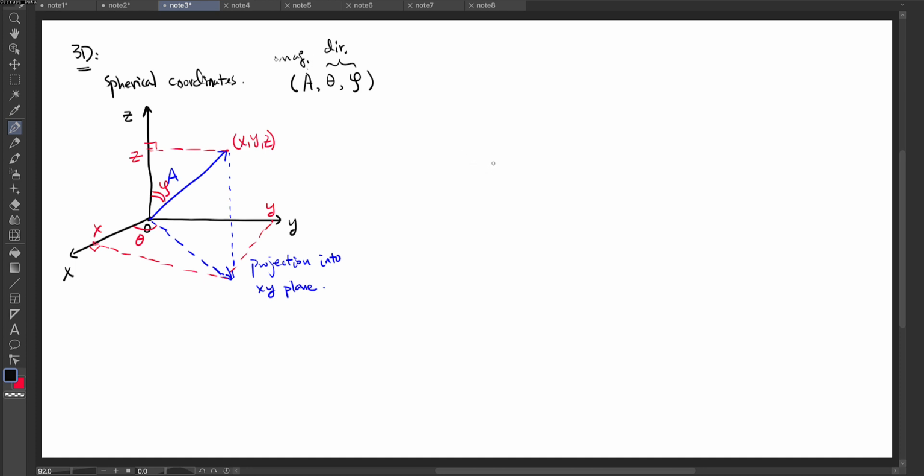Okay, so now we can easily talk about the conversion from these spherical coordinates to the Cartesian coordinates. We know the z here is given by A cosine phi. That's the easiest one to figure out first.